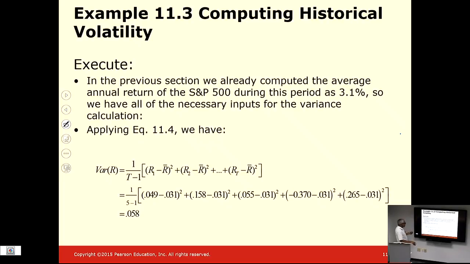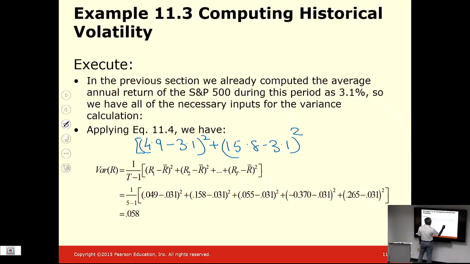Once I have those returns, then I'm ready to calculate variance. And the way I would do this would be 4.9 minus 3.1 squared, 15.8 minus 3.1 squared. So notice what I'm doing.